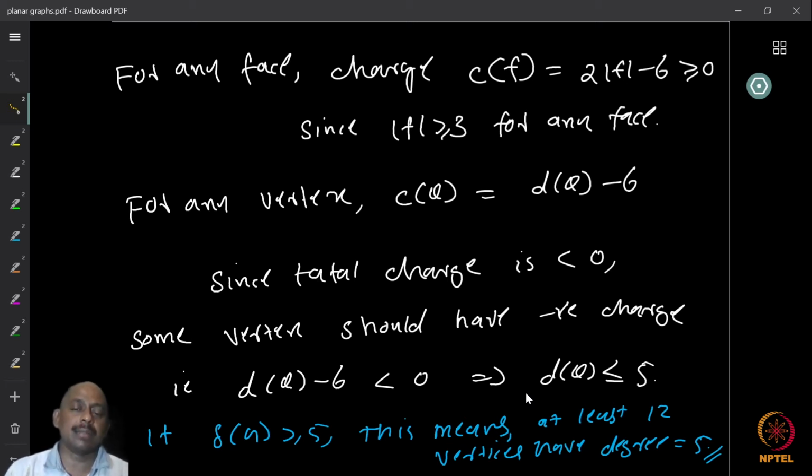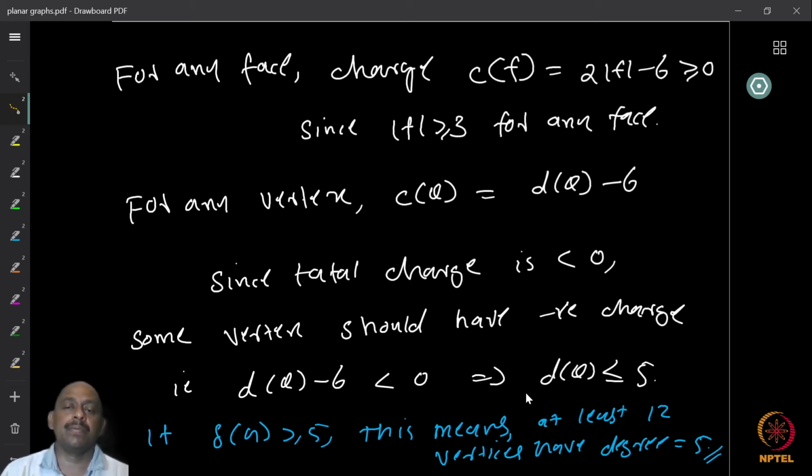Now this tells us, apart from just showing that there is a vertex of degree less than or equal to 5, that if you assume the minimum degree of a planar graph is 5, then you should have at least 12 vertices of degree equal to 5. Right? This is additional information which you don't get from the other one.